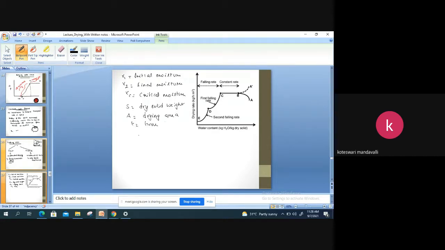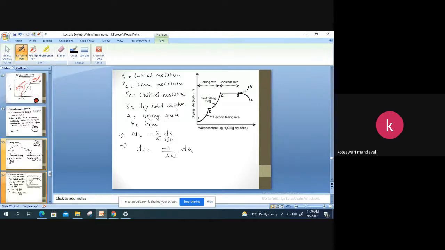Okay, so what is the formula I already have? We have seen, no? N is equal to minus S by A into dX by dt. Suppose I need the formula in terms of dt, because I am interested in calculating time, so dt equals minus S by A N into dX. I'm just rearranging the equation.